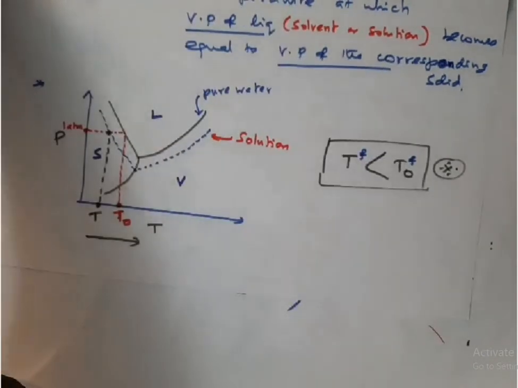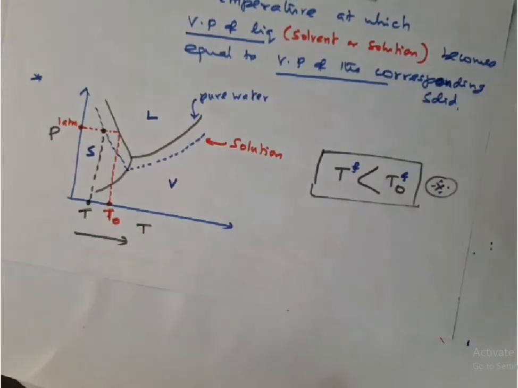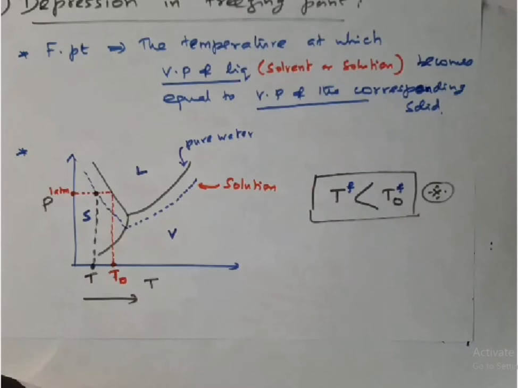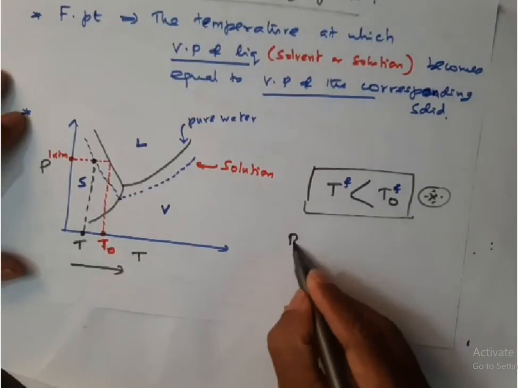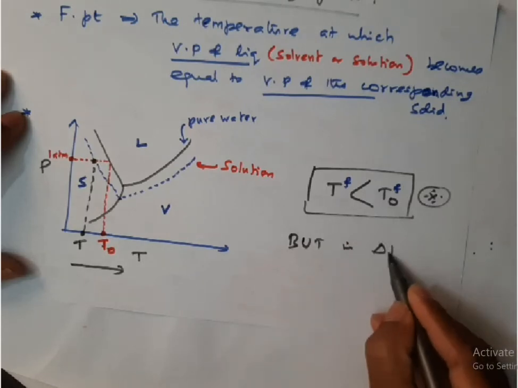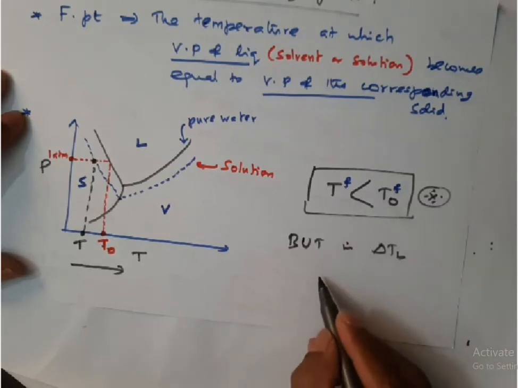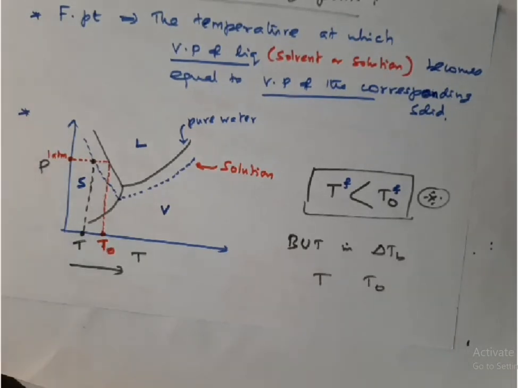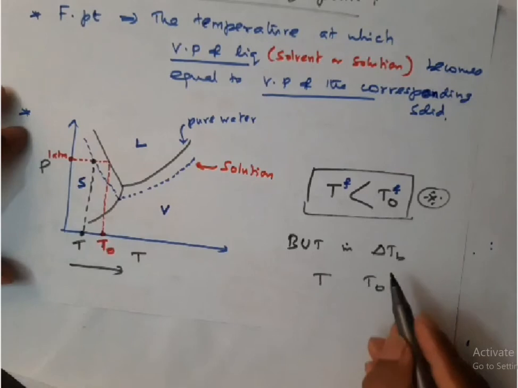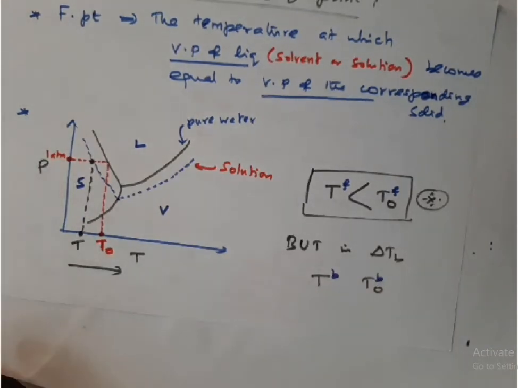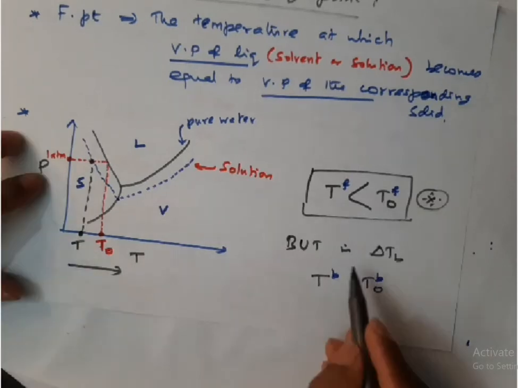Right, students, observe this carefully. The freezing point of solvent is higher than the freezing point of solution. But in the elevation of boiling point, observe carefully, if we compare the boiling point of pure solvent and the boiling point of solution, the boiling point of solution is greater.